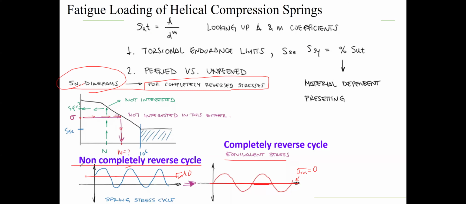So in this case, we cannot use the S-N diagram to evaluate the fatigue loading of the spring.